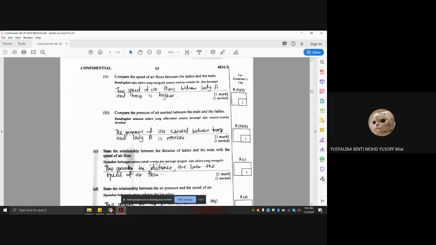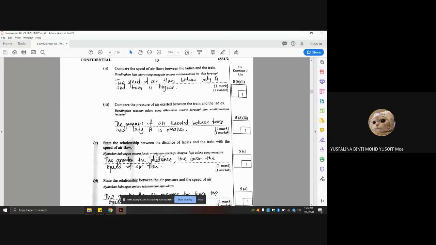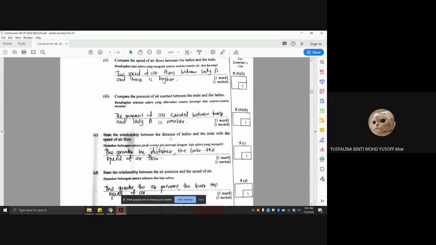Alright, state the relationship between the distance of the ladies from the train and the speed of airflow. The greater the distance, the lower the speed of airflow.